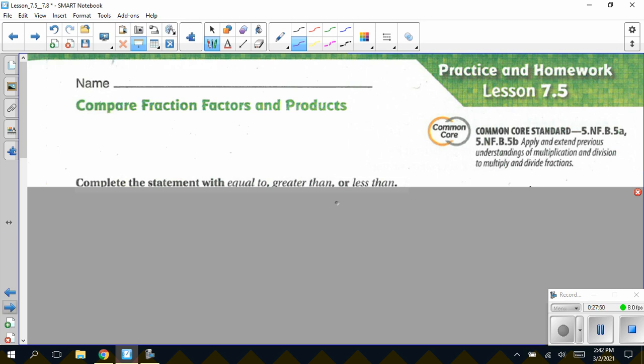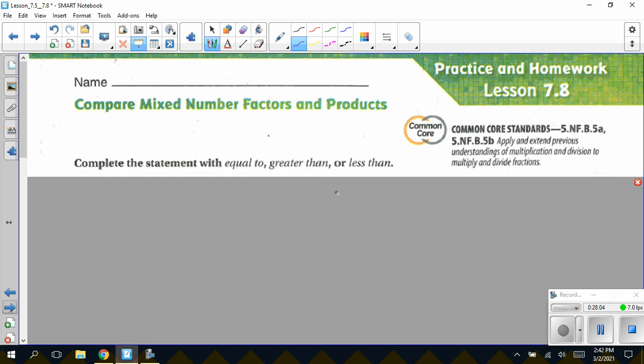On Schoology, there are drop-down boxes where you are going to state if they are greater than, less than, or equal to. And then on 7.8, you are going to do the exact same thing, solving from page 469. Again, 2 through 8, doing the drop-down boxes that state if the products are greater than, less than, or equal to.